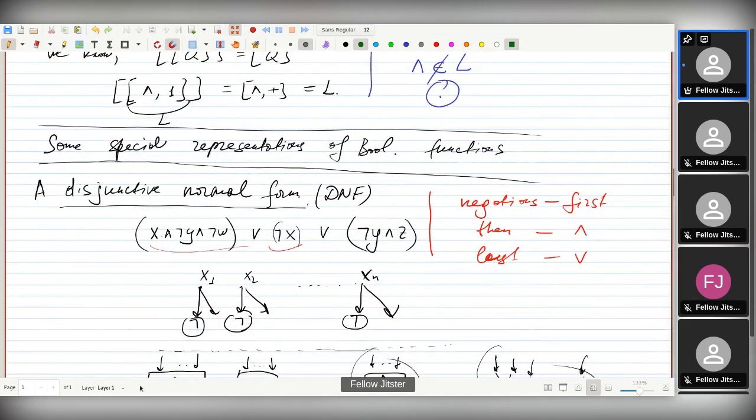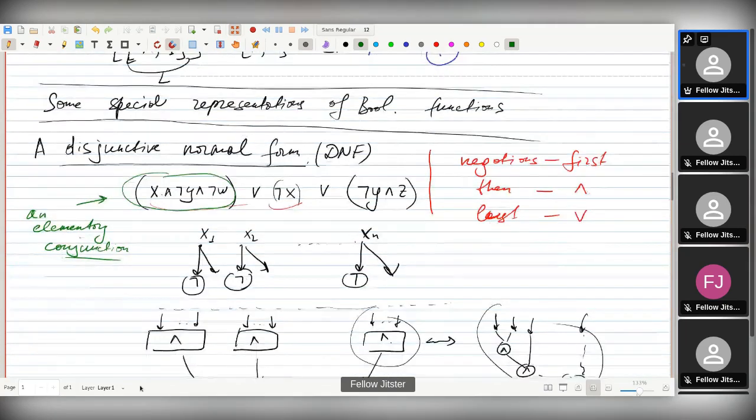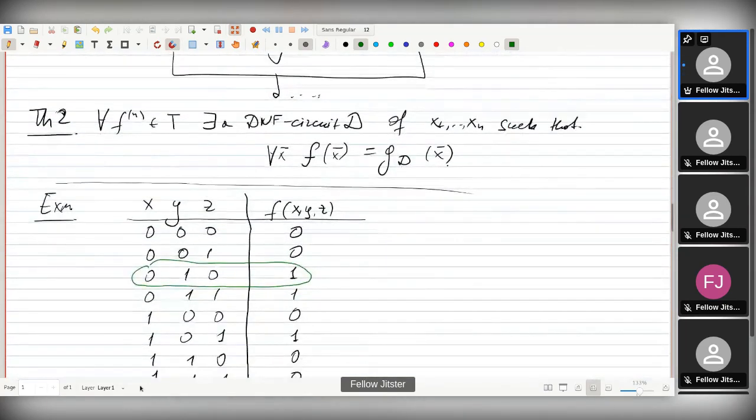What is an elementary conjunction? An elementary conjunction is a conjunction of variables or their negations. So I can, for every unity, construct an elementary conjunction.